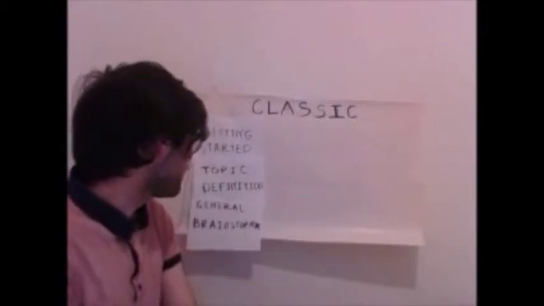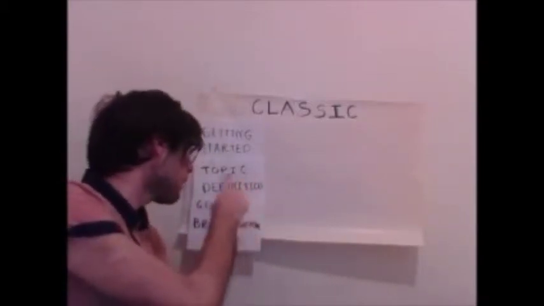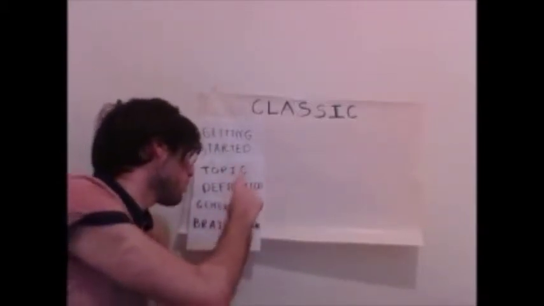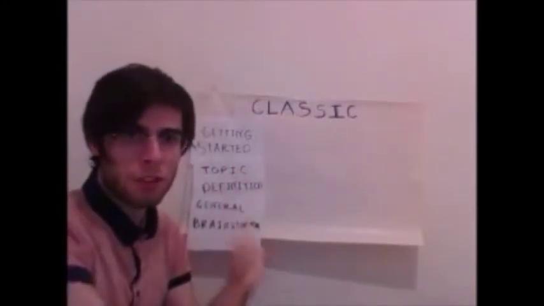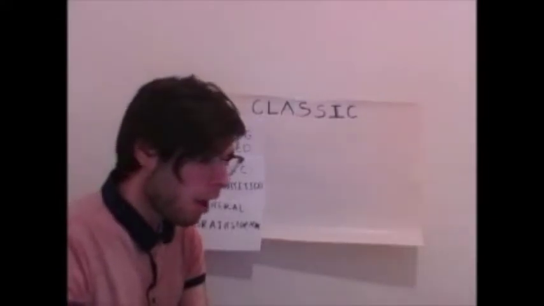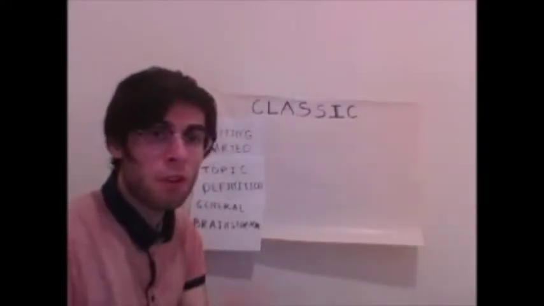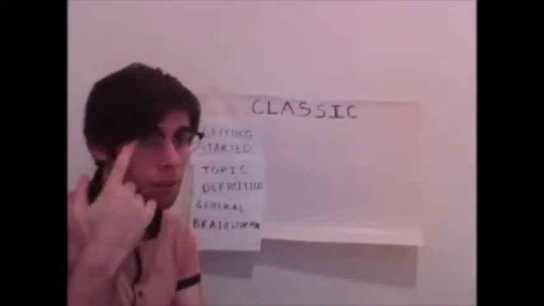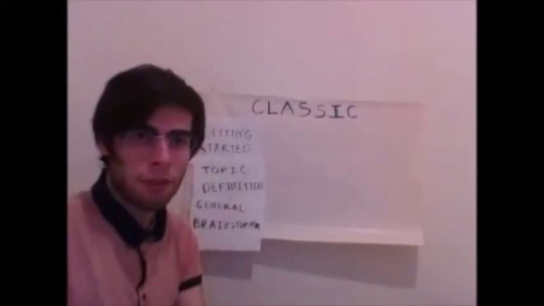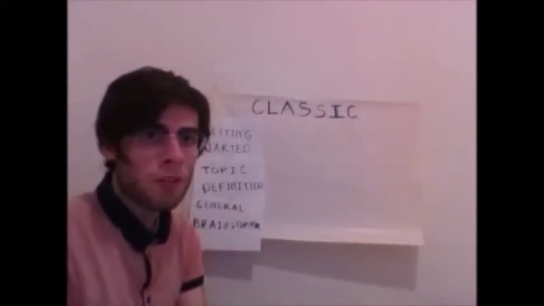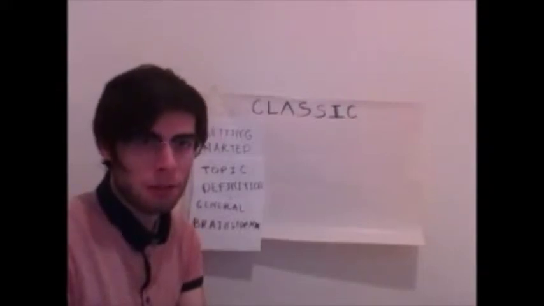I'm gonna add one thing, that during the topic, somewhere in the middle, during the topic definition or between topic definition and general brainstorming, you as a chair can ask the committee to come up with the aim that they have for the resolution. What are they trying to achieve by the resolution?